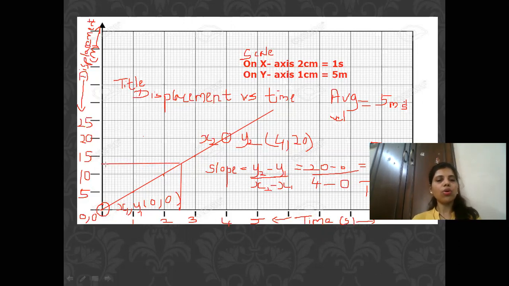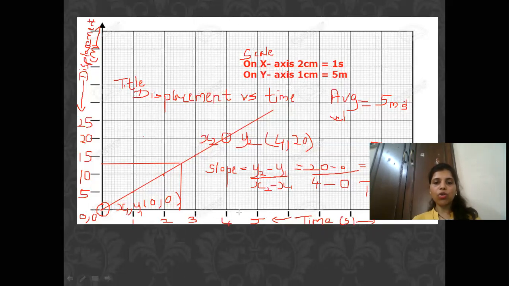So now when you draw, you can see that the middle point of 10 and 15 is going to be 15 plus 10 upon 2, 25 upon 2, 12.5. So it will be 12.5. And then 4.5.